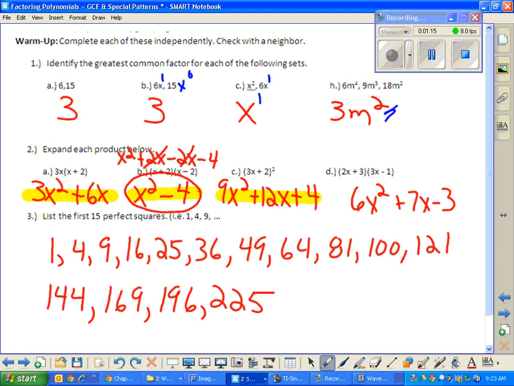These things highlighted in yellow will be our problems. We have to figure out how to get the answers, which would be, for instance, in part A, 3x times x plus 2. How can you turn those things into each other? So we're going to go backwards through the distributive property, and I'm also going to show you a way to stuff those parentheses based on the fact that sometimes we have some special patterns that occur.